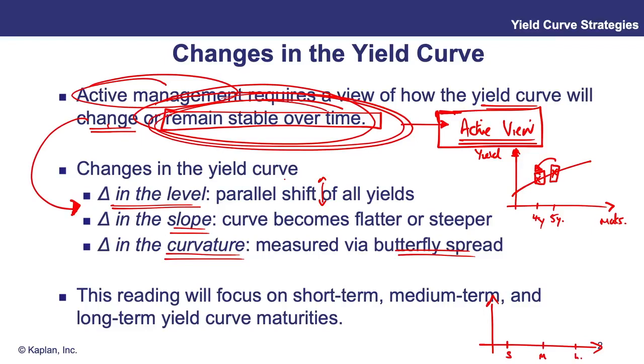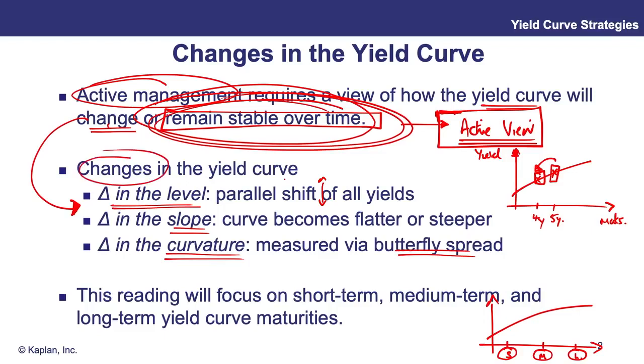I always try to throw the word dated in when I'm talking about when the cash flows occur, so we don't confuse long and short with the position that we are taking. That's not going to help at all. But the general idea is that we can choose how to distribute our cash flows across these maturities in order to outperform a fixed income benchmark given our yield curve view. Right, so let's reinforce these changes in the yield curve.